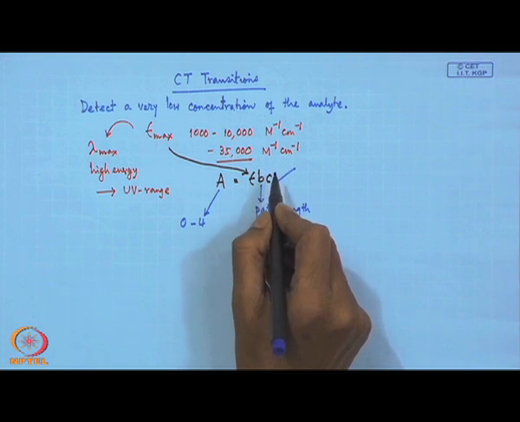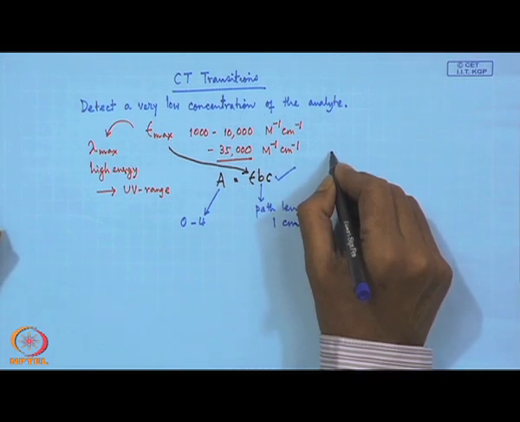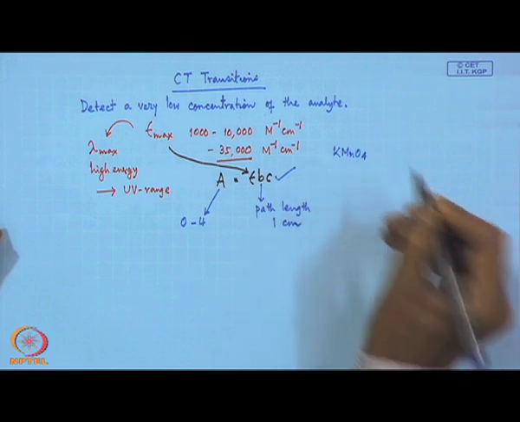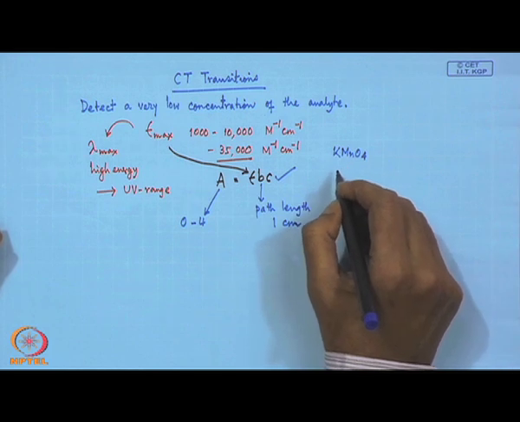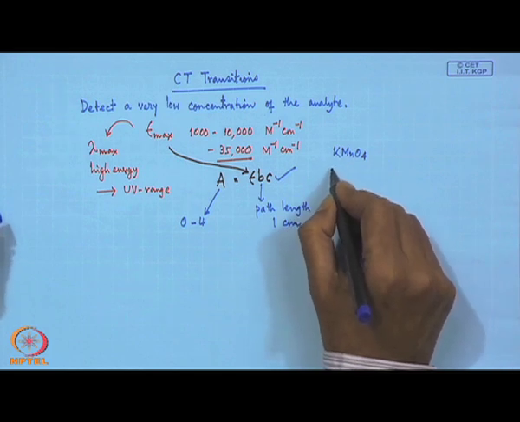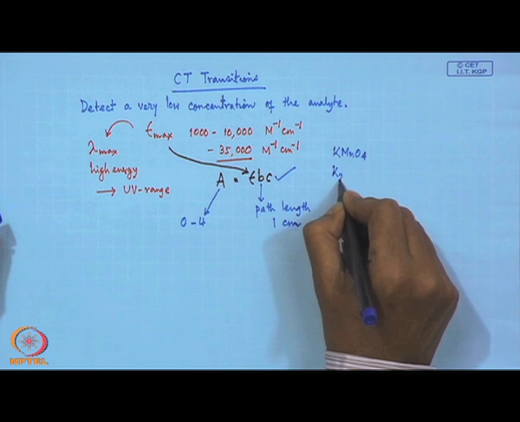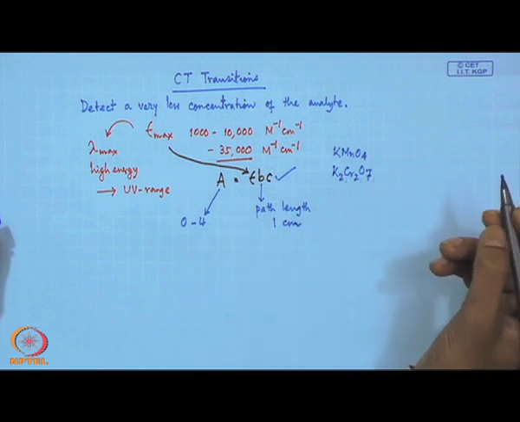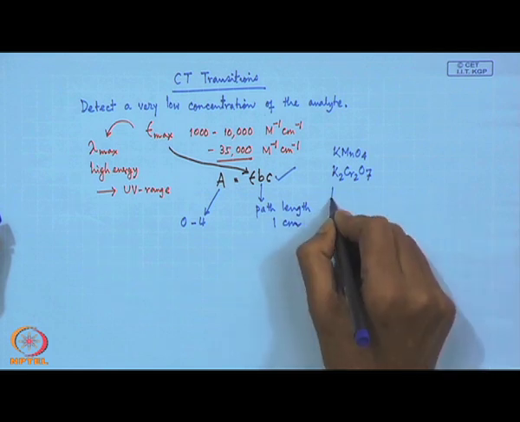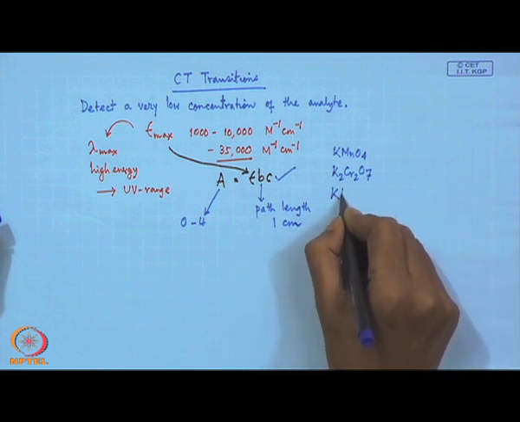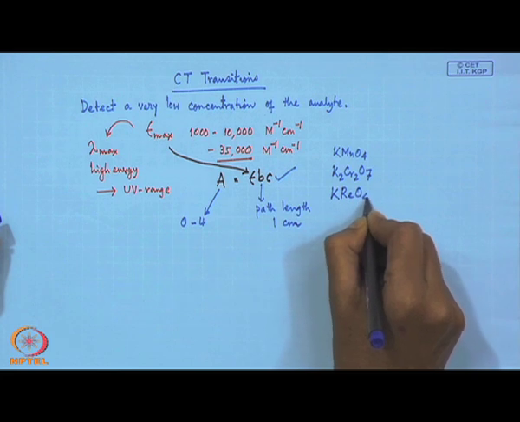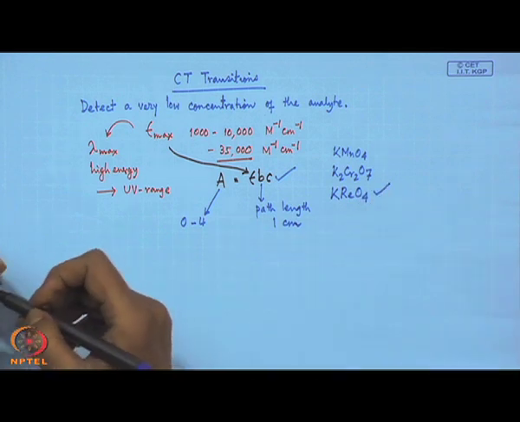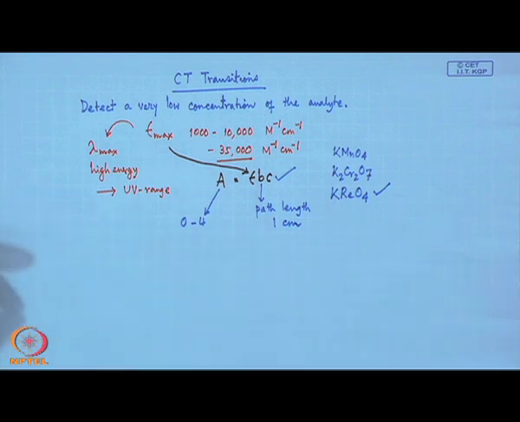That is why most analytical techniques, such as identifying an unknown concentration of KMnO4, of potassium dichromate K2Cr2O7, or sometimes potassium perrhenate, which is not colored, can also be detected in the UV range.